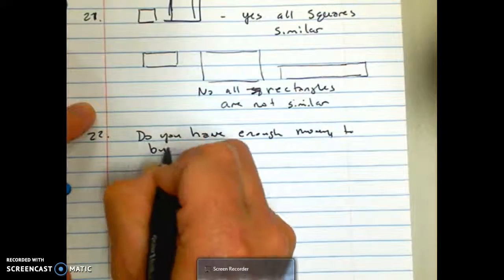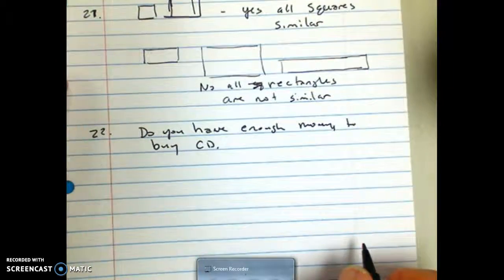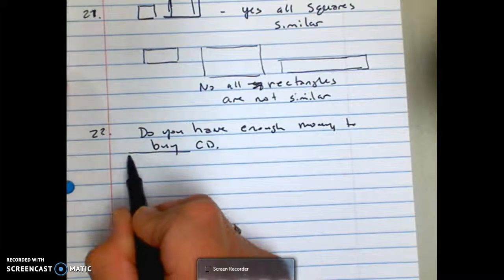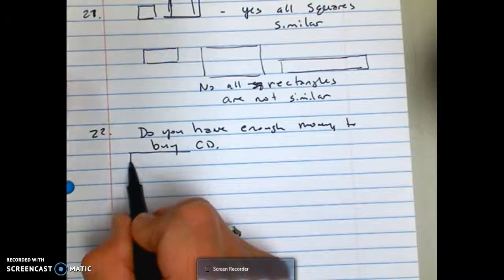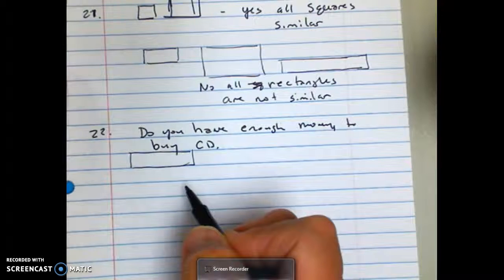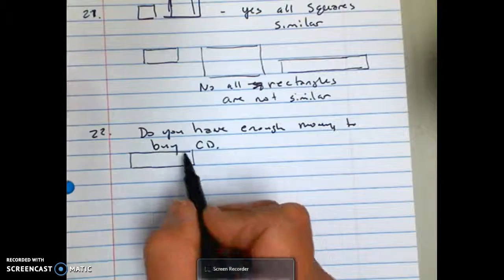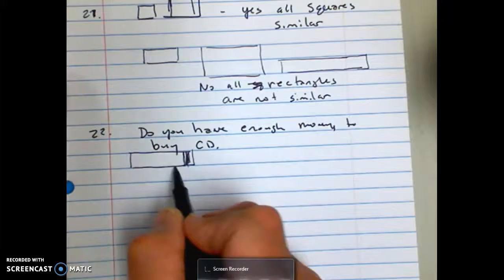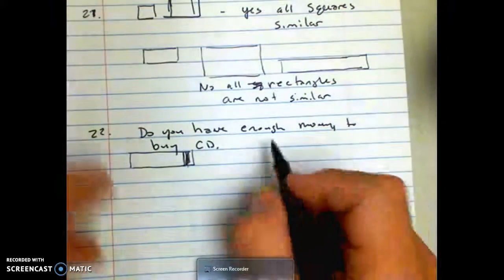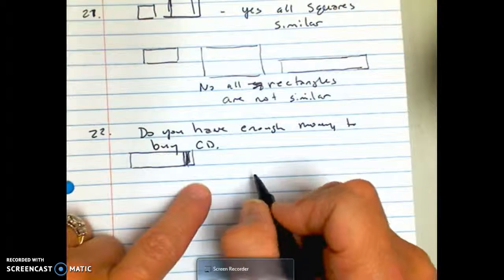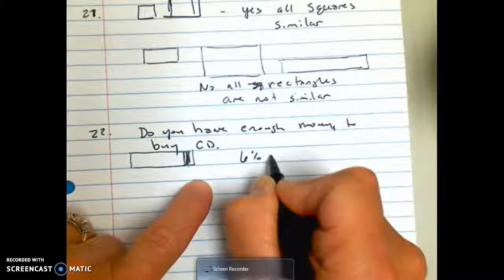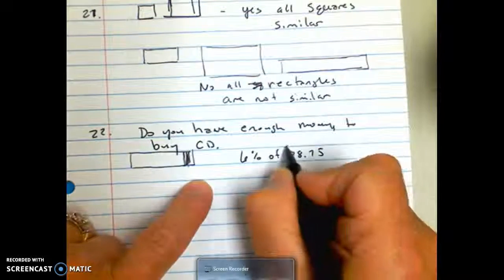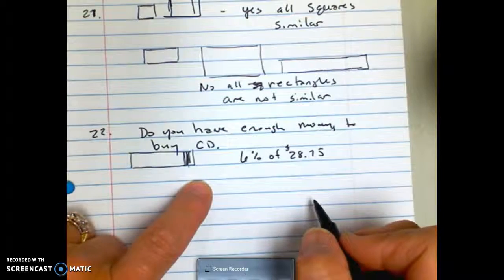The CD costs $28.75, and then 6% tax. There's a little bit of tax on there, so you're pretty close, but we have to figure this out. So we want to know, what is 6% of $28.75? And then we want to make sure we add that tax on.